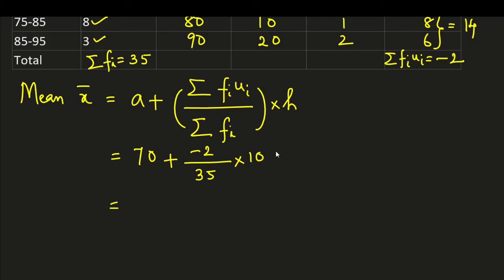So here dividing 10 and 35 by 5 we get 2 here and 7 here.